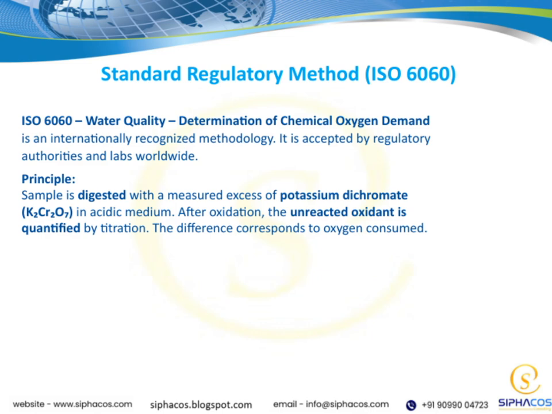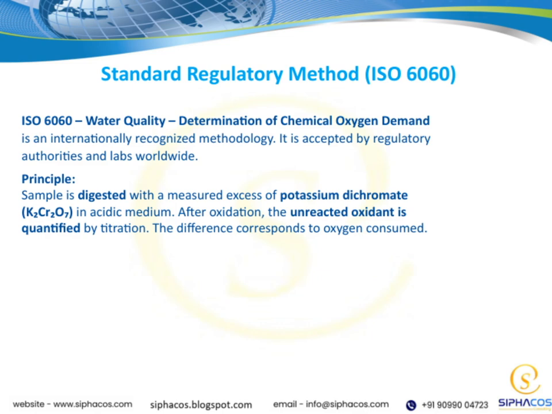After the digestion, we need to determine how much of the oxidant remains unused. We do this by titrating the sample to quantify the unreacted potassium dichromate. The difference between the initial amount added and what remains after digestion gives us the amount of oxygen that was consumed during oxidation.